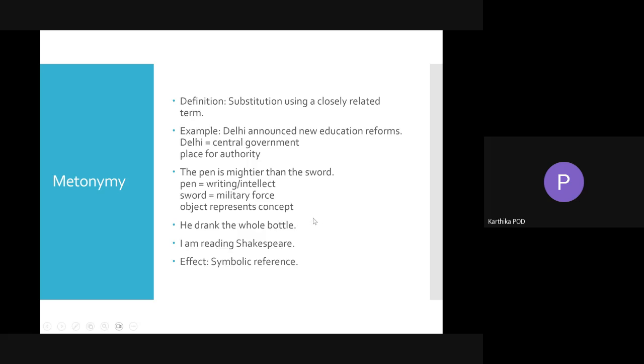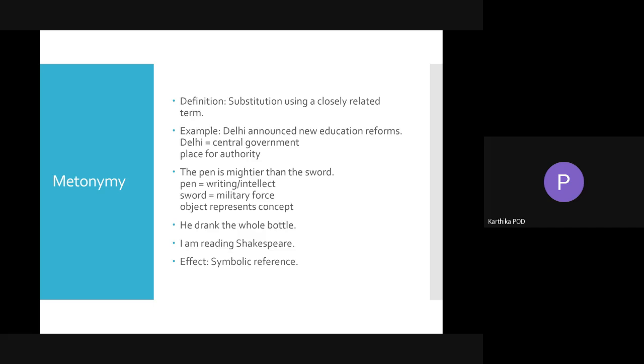Another example is he drank the whole bottle. Is it possible to drink the bottle? No. But what is inside the bottle, right? So the liquid is associated with the closely related term, which is the bottle that the liquid is filled into. Now, I am reading Shakespeare.